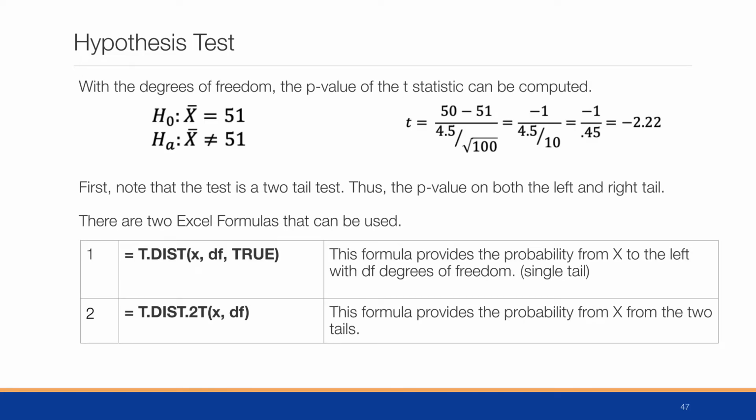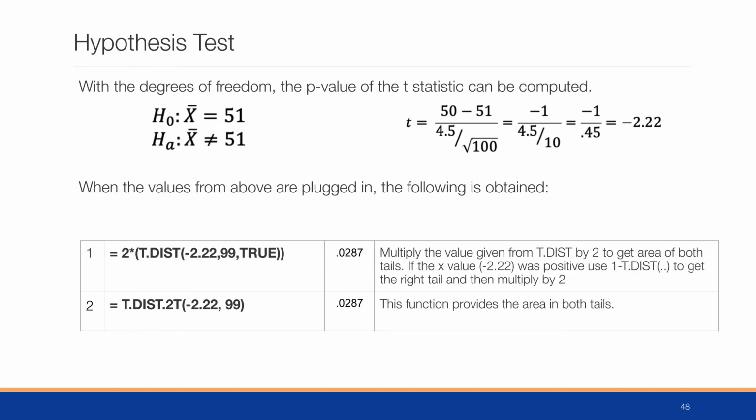Note that this is a two-tailed test, and so there are two formulas that we can use. We can either use the t.dist or t.dist.2t. The x will be the same and the degrees of freedom will be the same, and true is whether it's going to be a cumulative on the first one. There is none for the second one.